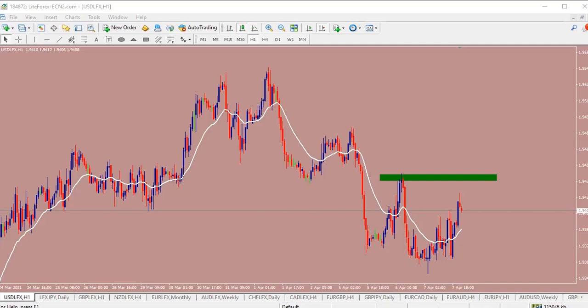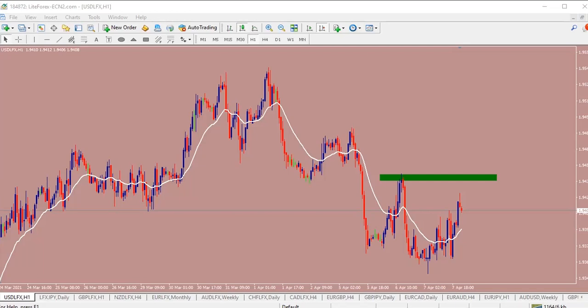The same thing, for us to have a 4 hour trend, there must be what? There must be a 30 minutes break of market structure. Are you getting it?